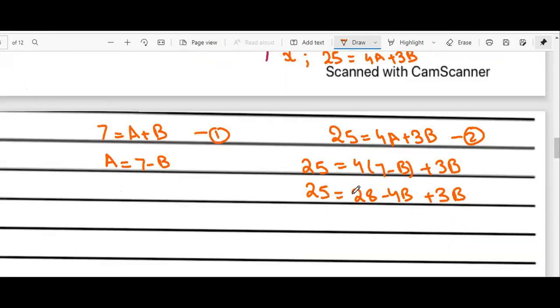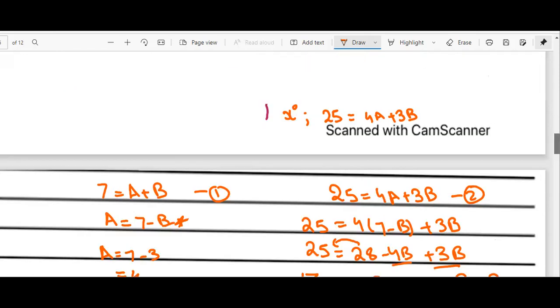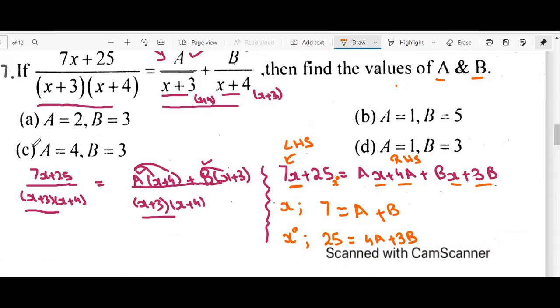And finally, if we take this 28 over there, we will get minus 3 equals minus 4b plus 3b, minus b. So this is b equals 3. Now, if we use this value of b in this equation instead, we will get a equals 7 minus 3. This means a is 4. So a is 4 and b is 3.